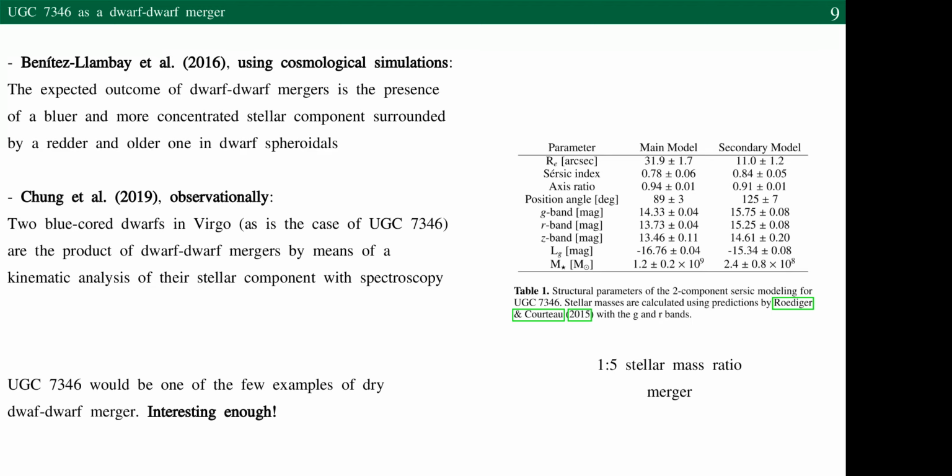So we can conclude that our galaxy is a very likely dwarf merger, which is already very obvious, given that we are seeing clear signs of interactions. And just to show here the properties of both stellar components of the modeling, and in particular the masses, which would make a merger with a 1:5 stellar mass ratio.